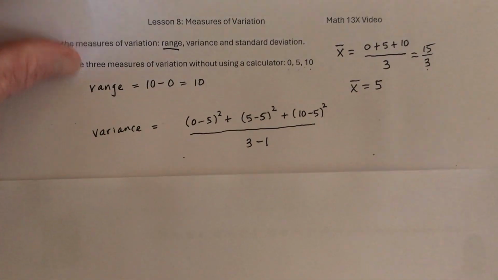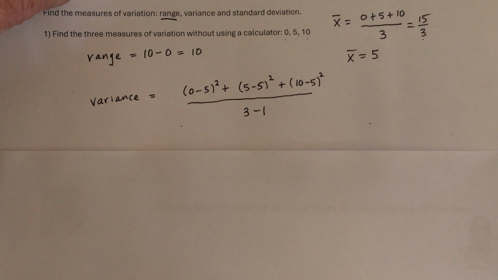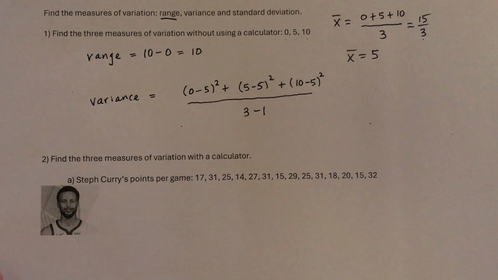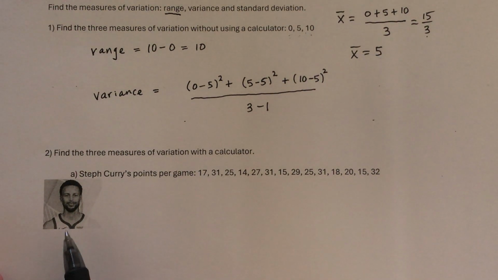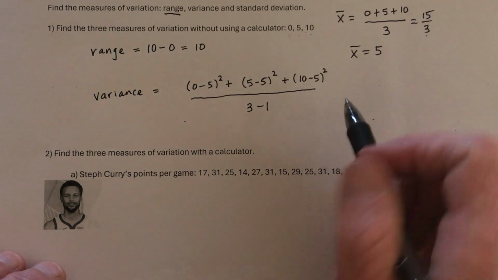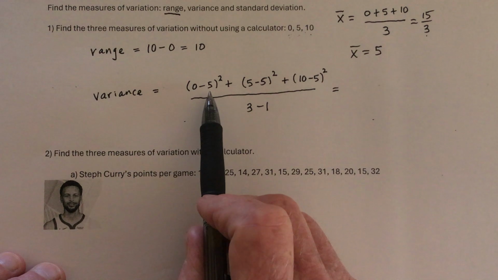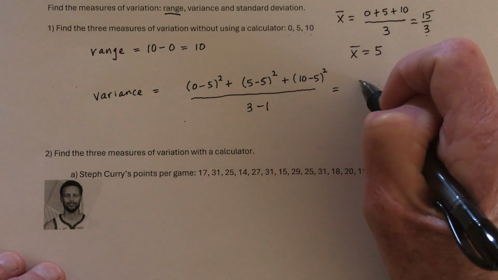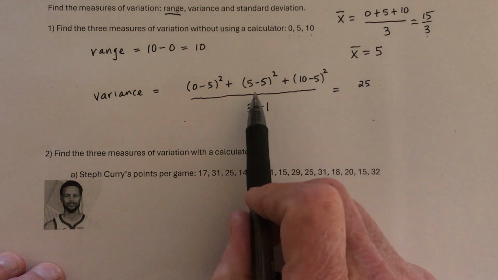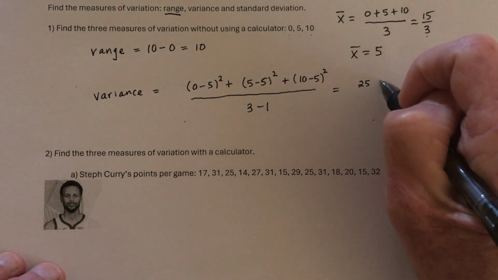So this is going to be, looks like I'm just going to have to uncover Steph Curry right here in my next example because I don't have enough space. So this is going to be negative 5 squared, which is 25. This is just going to be 0.